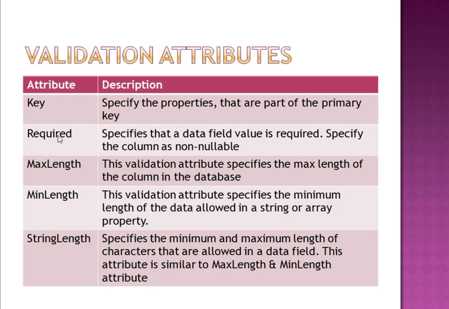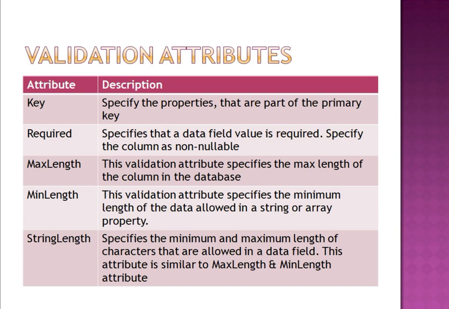Now the next attribute is required. In the default code first convention we studied that all the reference types and nullable data types are nullable in the database. But suppose for my reference type, for example string, string is a reference type, right?